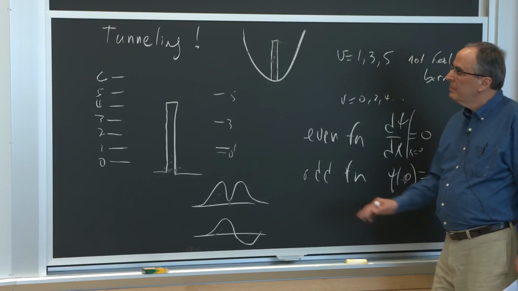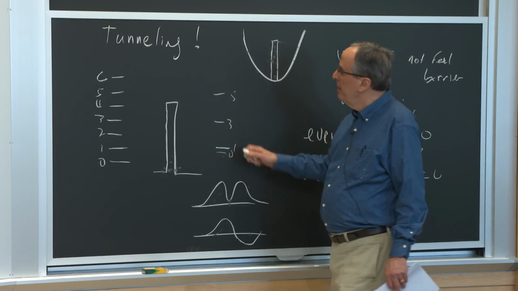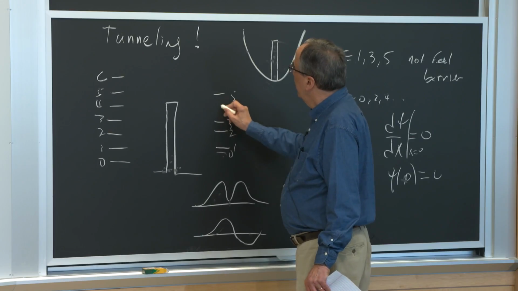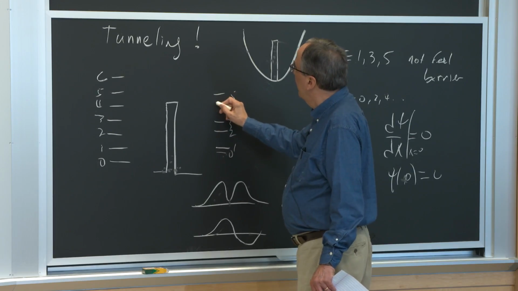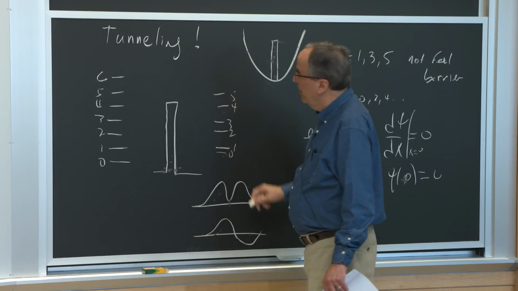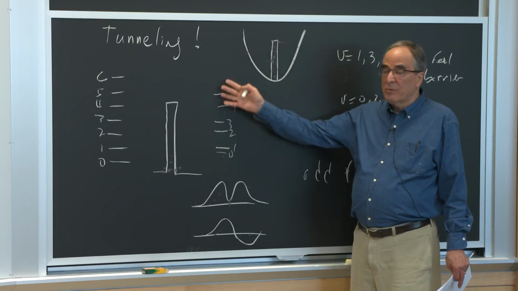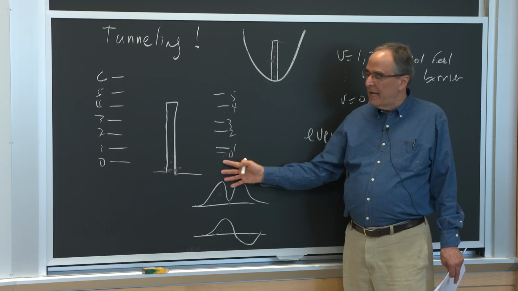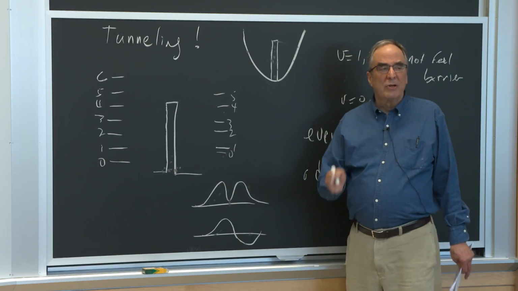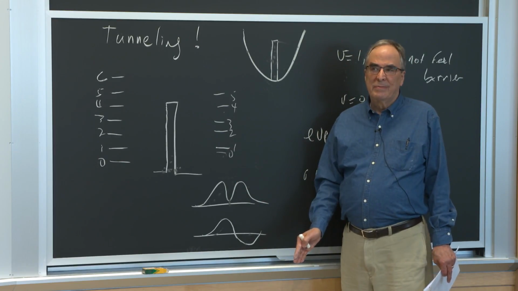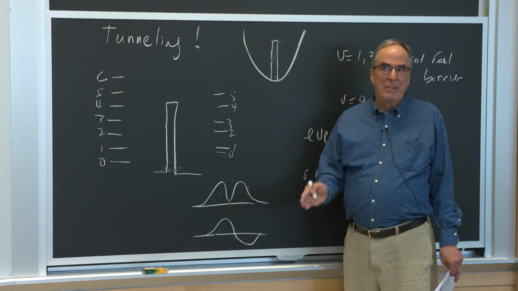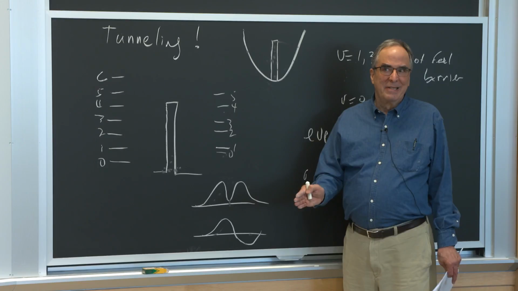So v equals 0 is shifted up, v equals 2 is shifted up, but not quite so much, and v equals 4 is shifted up hardly at all. And so you get what's called level staggering. And this level staggering is the signature of tunneling. This is how we know about tunneling, the only way we know about tunneling.